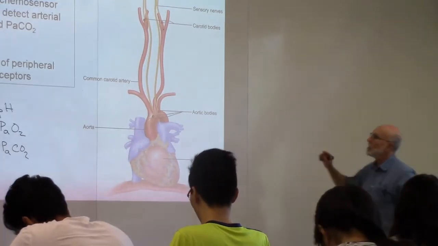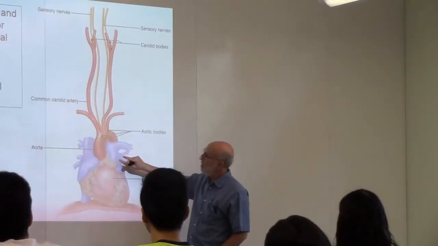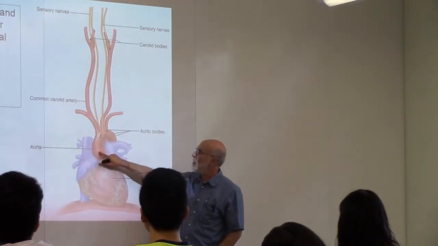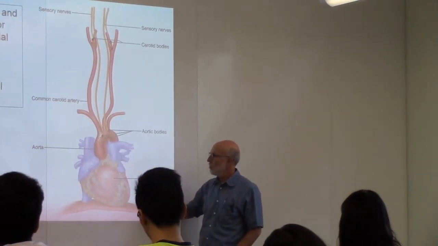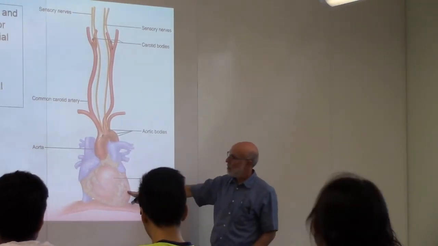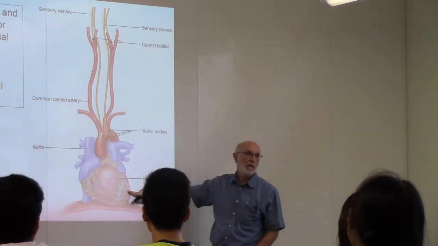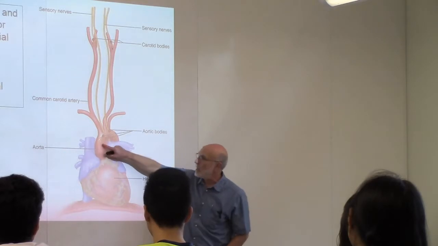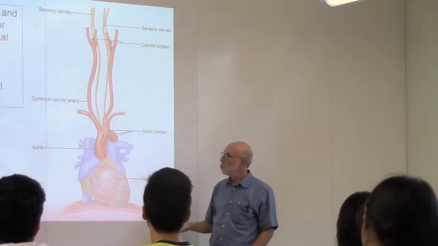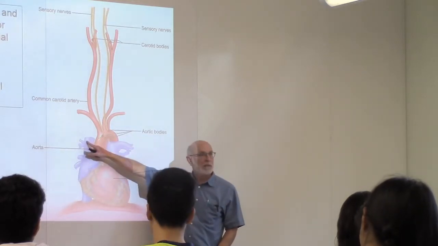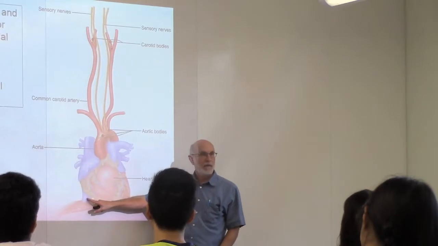Remember this, so let's do a little anatomy. There's the aorta, that one's labeled, aortic arch. What's this ventricle? Left ventricle is what pumps blood out the aorta. What's this? Superior vena cava, inferior vena cava.